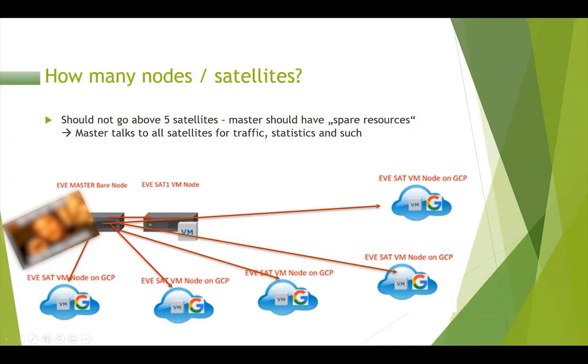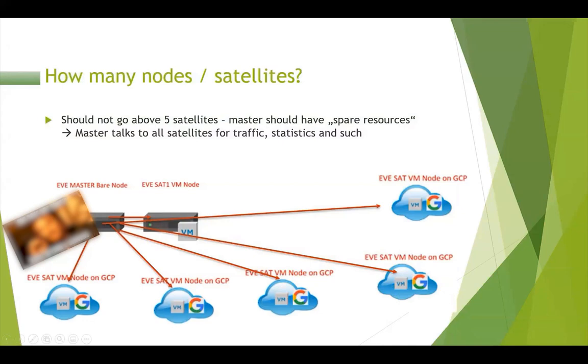And depending on the number of devices that you run, and depending on the load, the master needs to gather some of these statistics from the satellites. So the more you introduce, the more power your master needs to maintain all these connections. So since the master talks to all these satellites for the statistics, if you add too many satellites, your master can become quite slow. So again, look at your server specs.